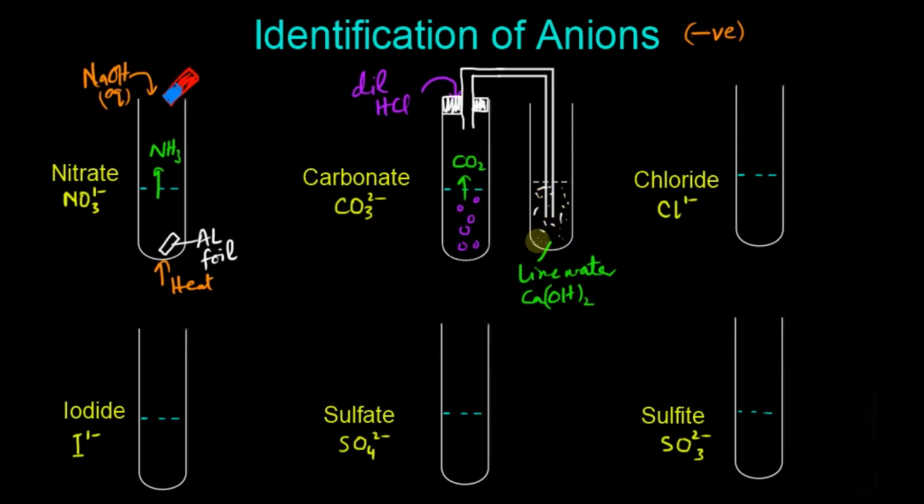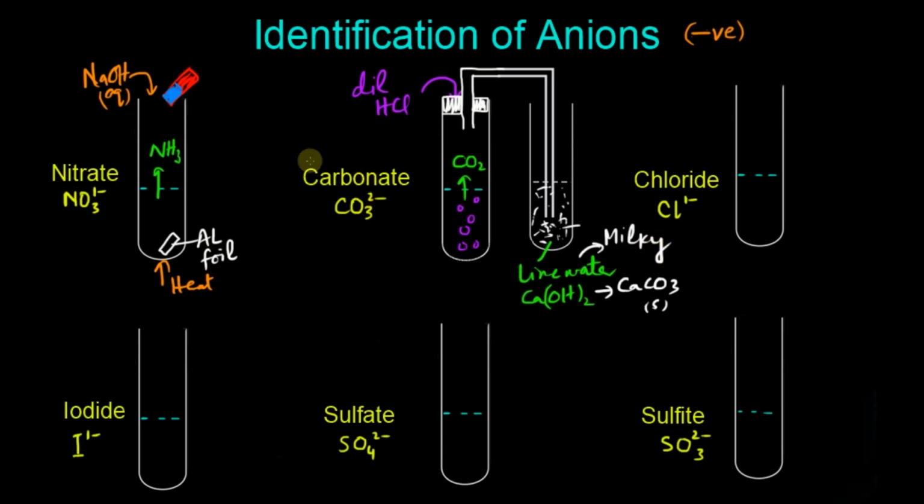The whole solution turns milky, and this milkiness is because of the formation of insoluble calcium carbonate, that is a white solid. So you'll say lime water turns milky in this reaction.